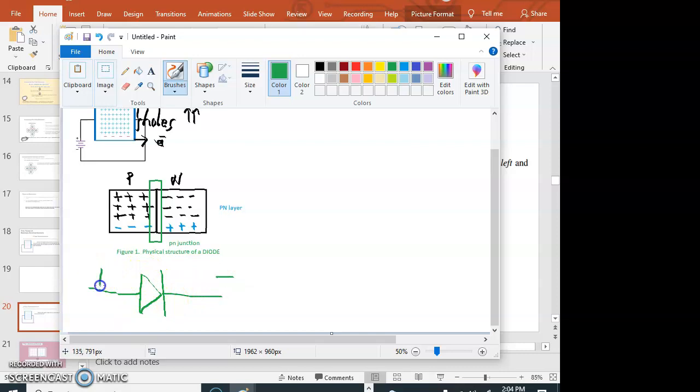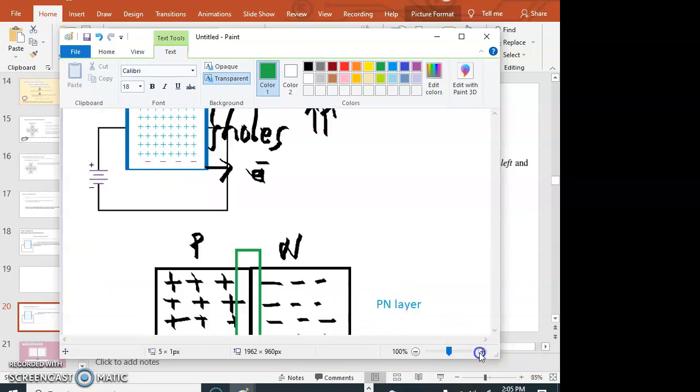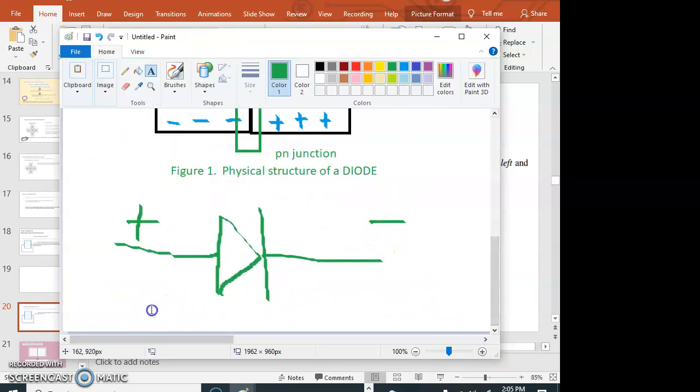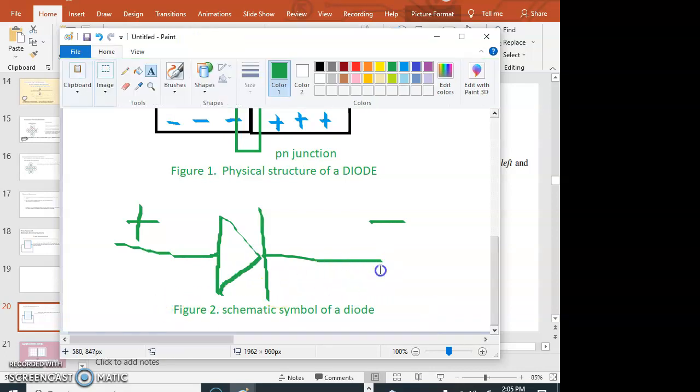The triangle side is more positive because it has more hole carriers, so that is the positive terminal. This is what is known as the schematic symbol of a diode. So for figure 2, what we have now is the schematic symbol of a diode.